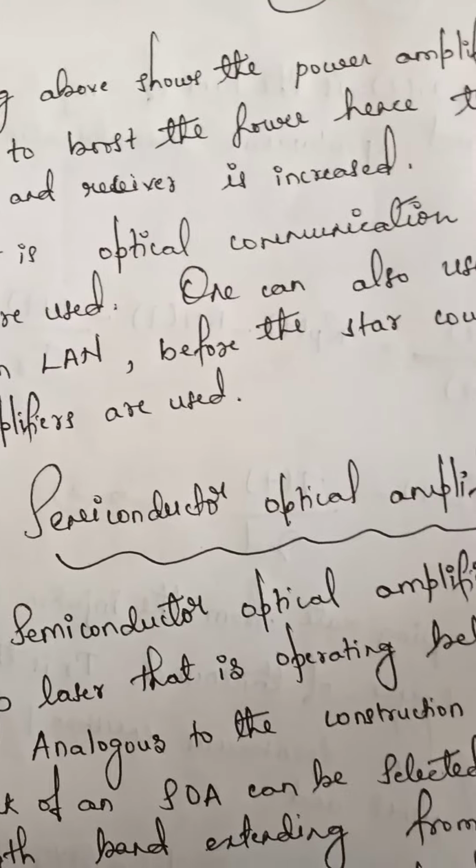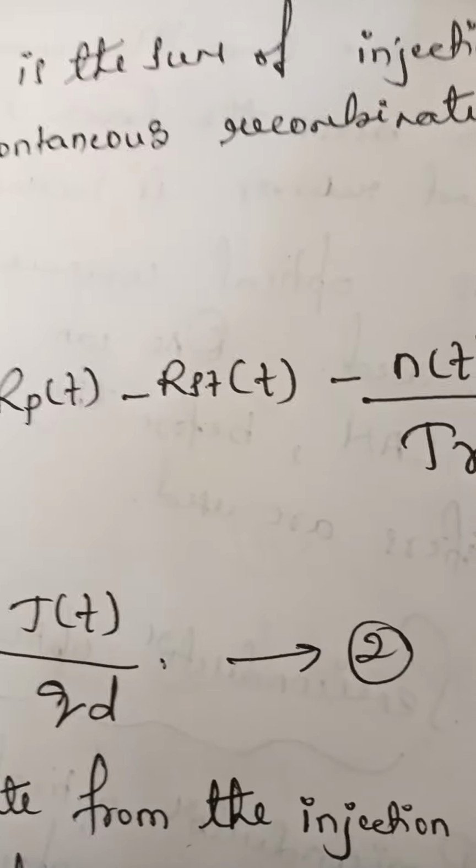The carrier density N(t) is the sum of injection, stimulated emission, and spontaneous recombination rates, and is given by dN(t)/dt equal to Rp(t) minus Rst(t) minus N(t)/tau R. This we take as equation number 1.